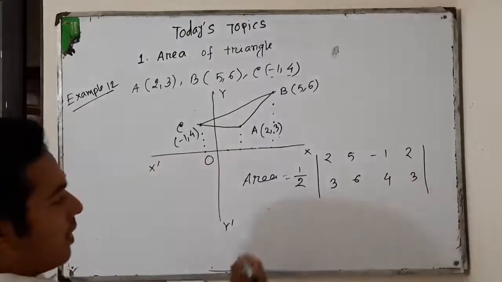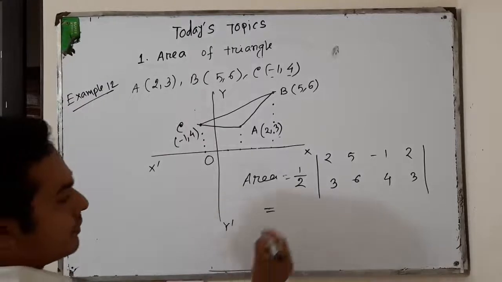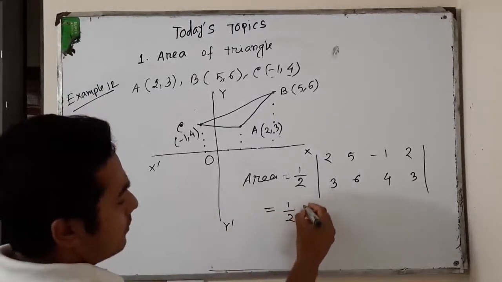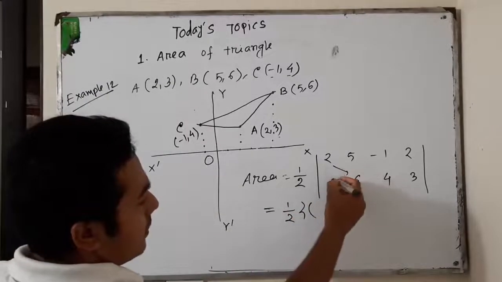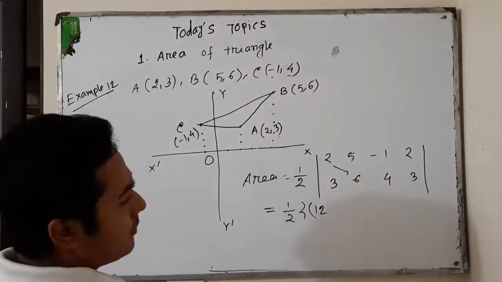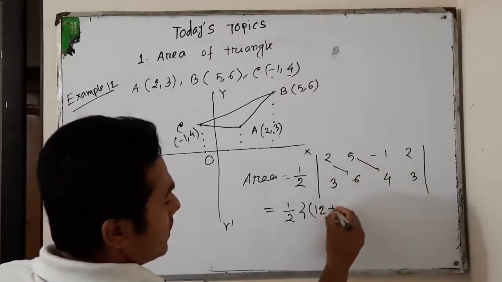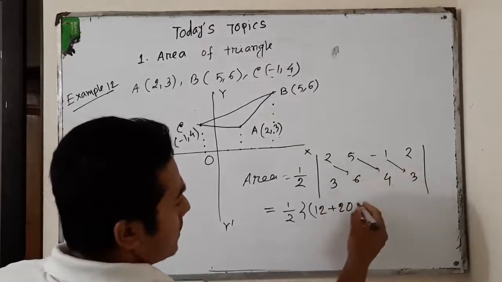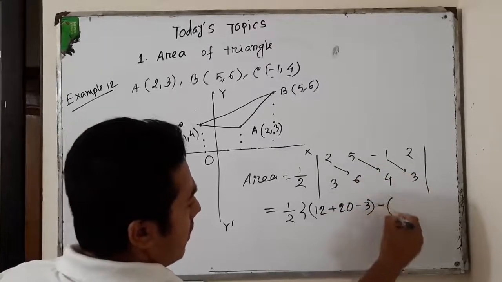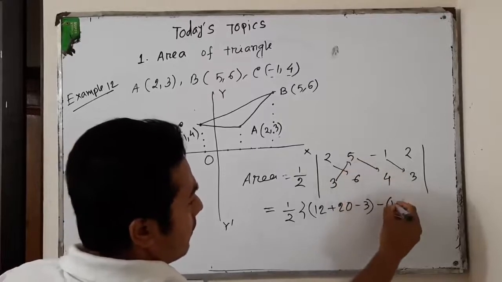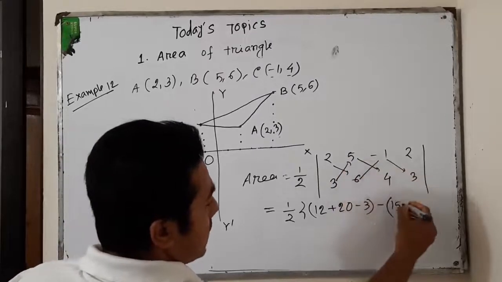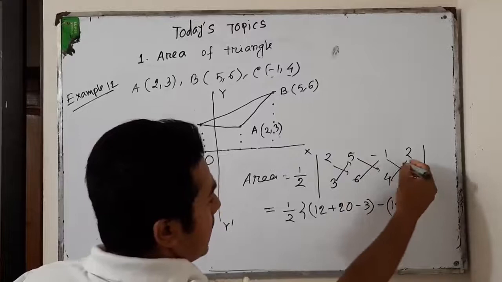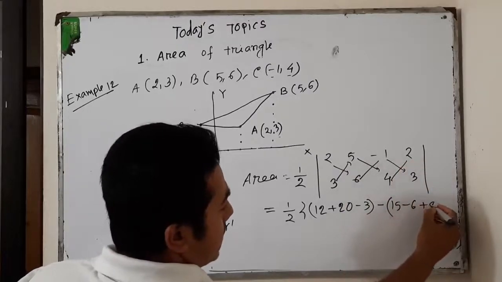Now area is half of: multiply this way 12, plus 20, plus minus 3, and now multiply this way 15, minus 6, plus 8.